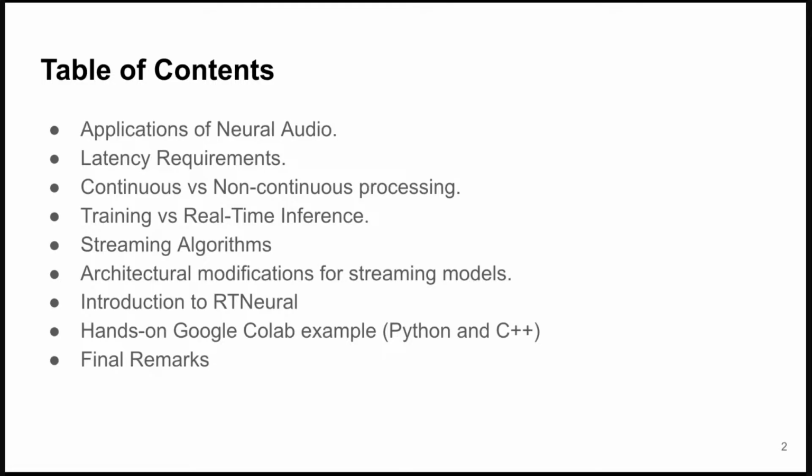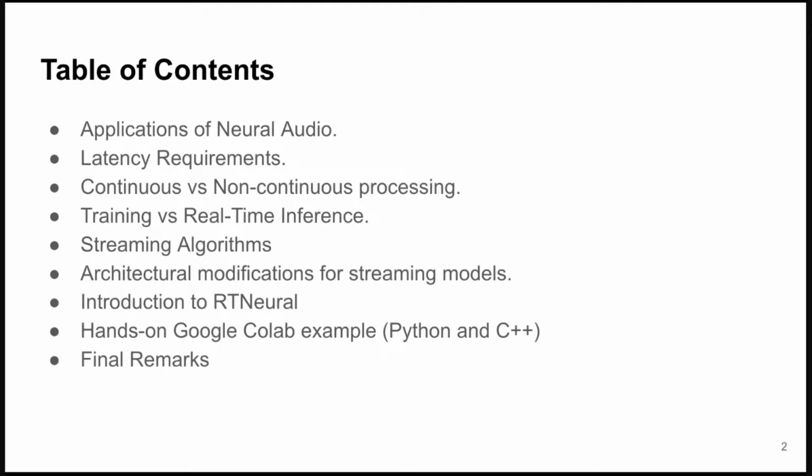We are going to talk about the differences between training a neural network for audio and then running it in real time. We're going to talk about a specific configuration for these algorithms called streaming, which is the configuration that allows these algorithms to process audio as it is coming and keep on processing as we receive the audio. We're going to talk about some architectural modifications that we need to make for streaming models.